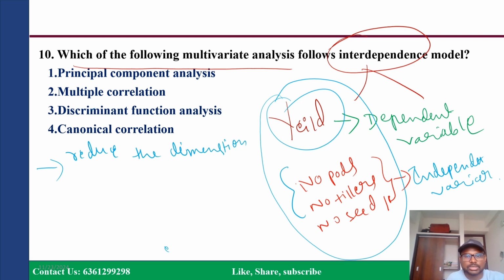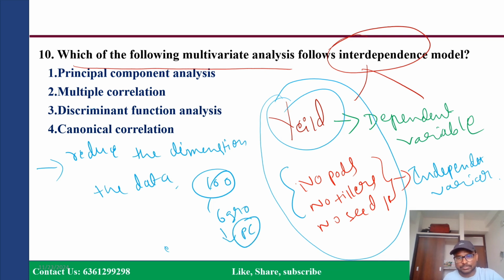It means you have to make 1,000 traits into 6 groups. It is called principal components.